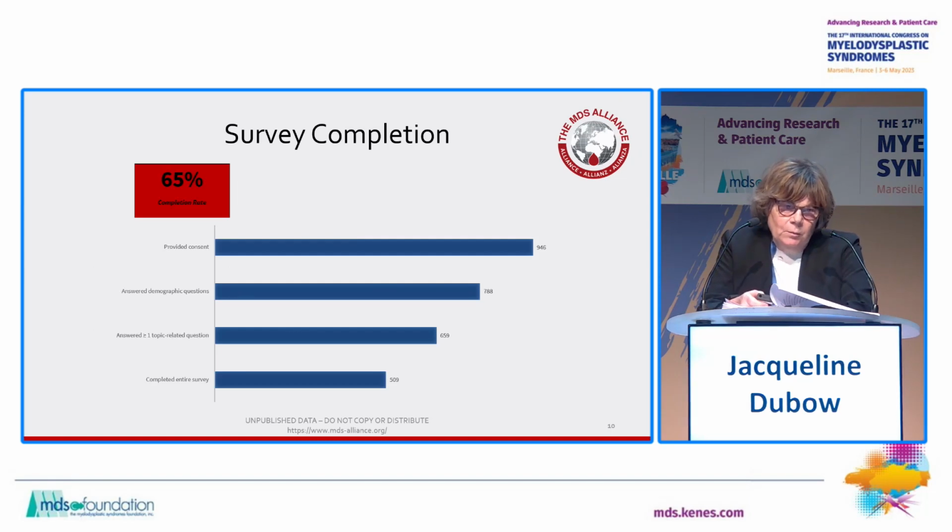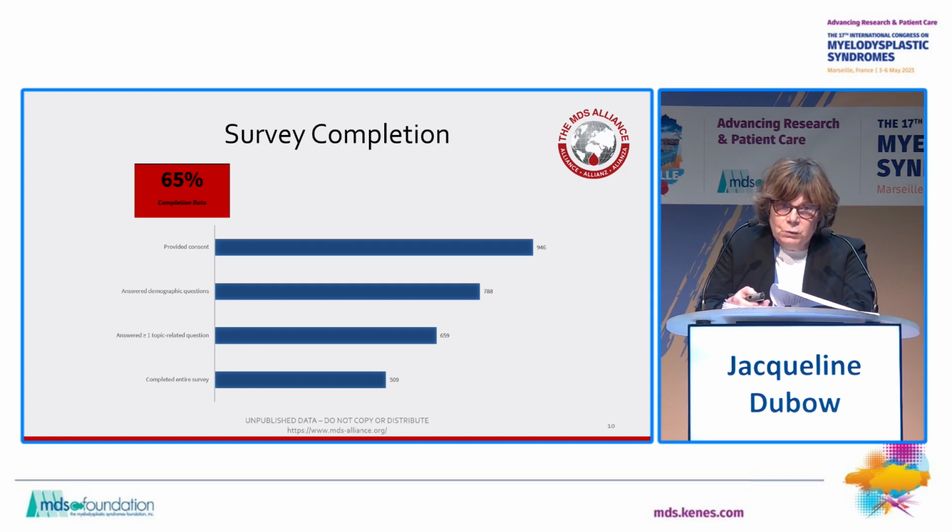So, survey completion, we had 65%, which is fairly good for a survey. We had over 900 people who started to fill the survey, and then at the end, only 509 completed the survey.